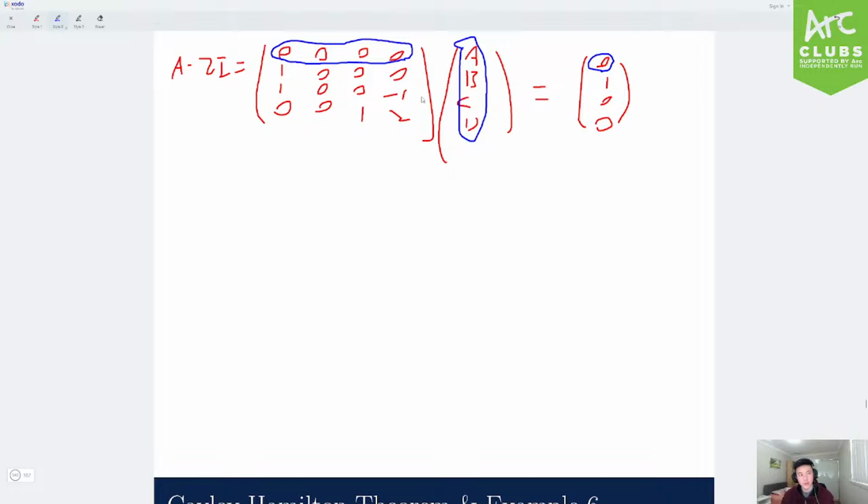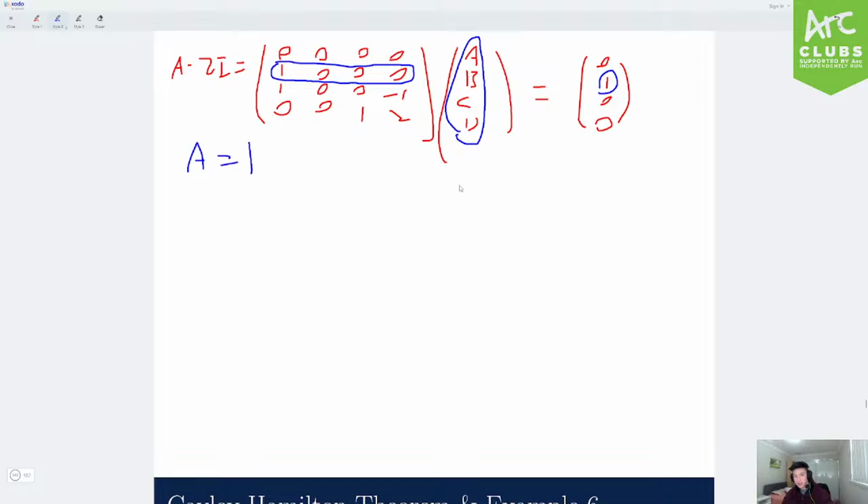That's not really useful. So let's look at the second row. How we get the second component is we multiply the second row by the vector a, b, c, d. So 1 times a plus 0 times b plus 0 times c plus 0 times d is just a, and that must equal our number 1. So that immediately gets us that a is equal to 1.